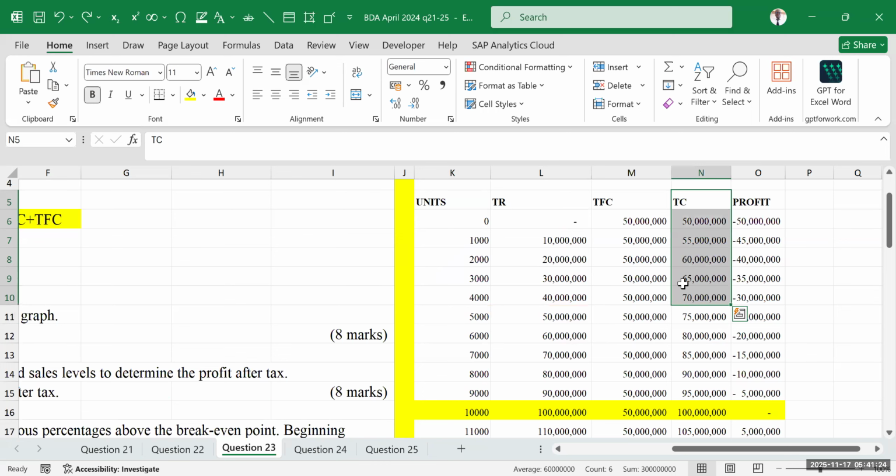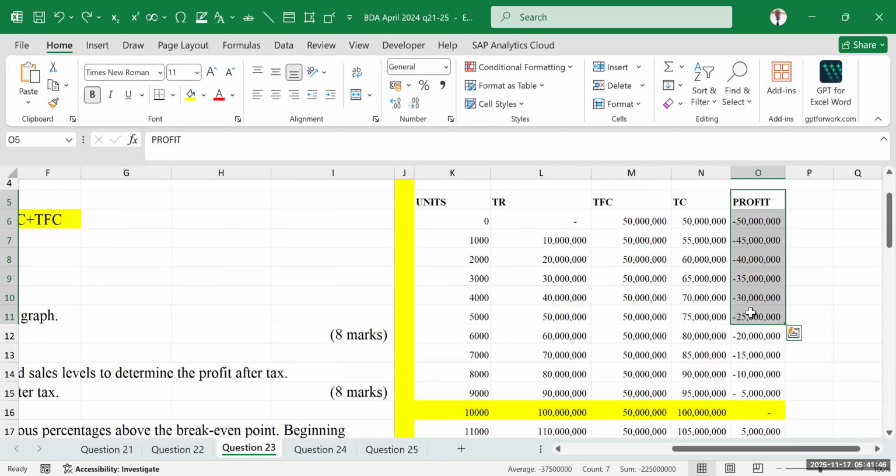Then, because we are using total revenue and total cost, the other element of total cost we know is variable and fixed. So we also have to bring the total fixed cost, but this is not mandatory, it's not a must. Once we have total revenue and total cost, automatically our profit comes.